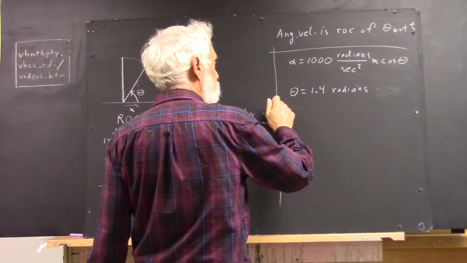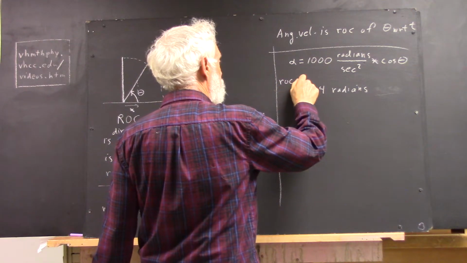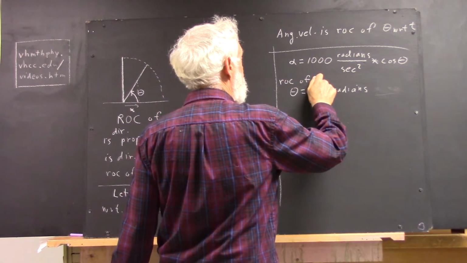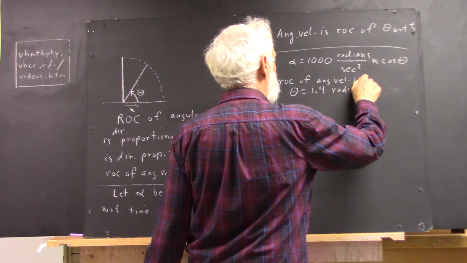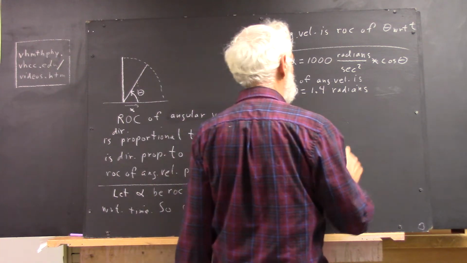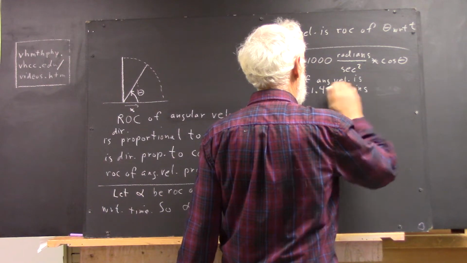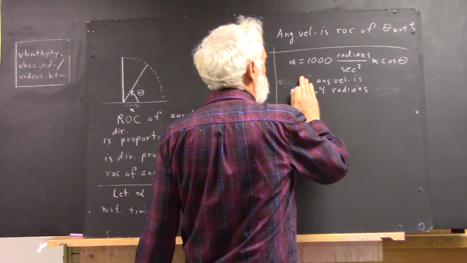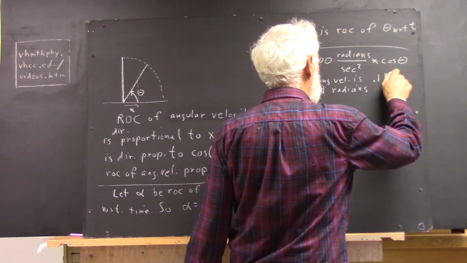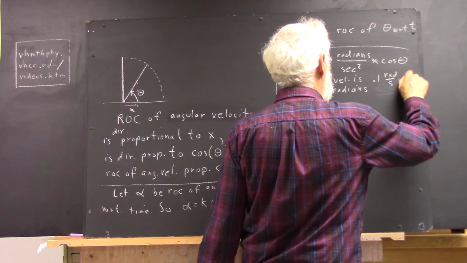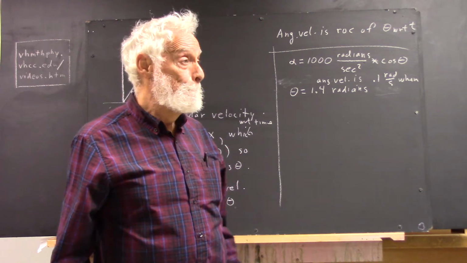I'm going to say angular velocity is 0.1 radian per second, when theta is 1.4 radians. Okay?